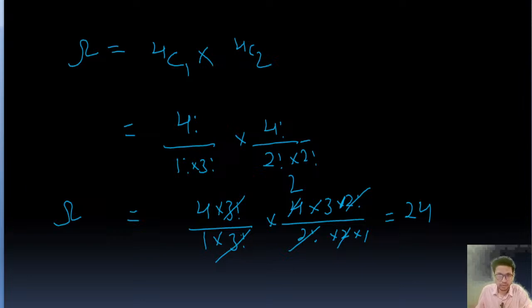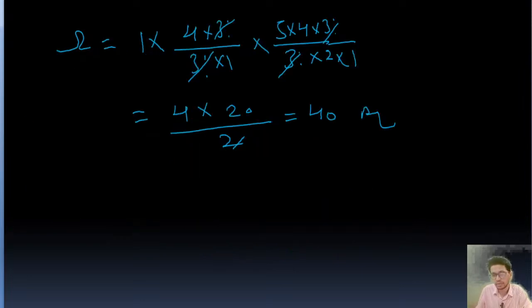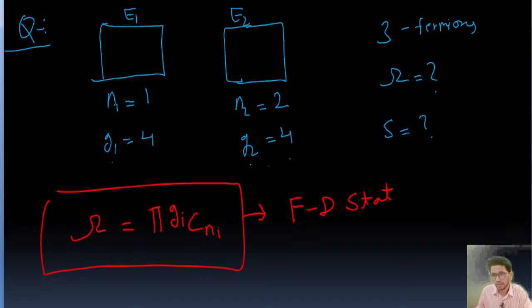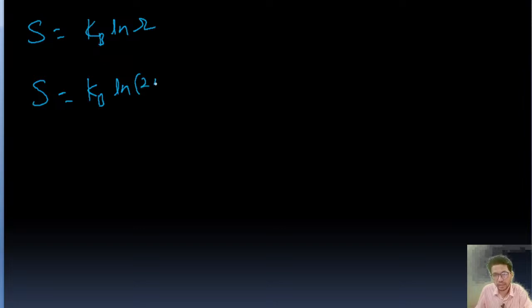Okay, so also we have to find the S value. S means entropy, and that's very simple, guys, because we have a formula S equal to KB ln omega. Omega value we have found is 24, right.